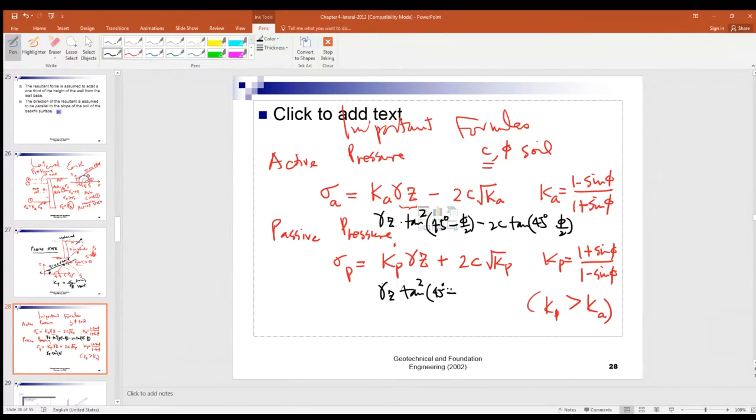And here, plus 2c tangent of 45 degrees plus phi over 2. Now, it's just the same. But I prefer to record the formula in terms of Ka and Kp, rather than tangent squared 45 degrees minus phi over 2, and so on, because that's quite difficult to recall.